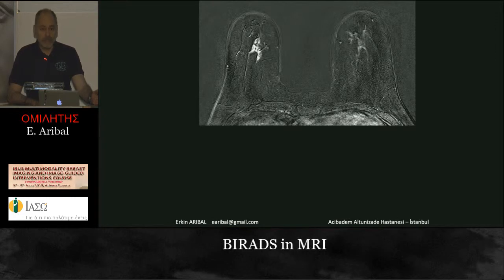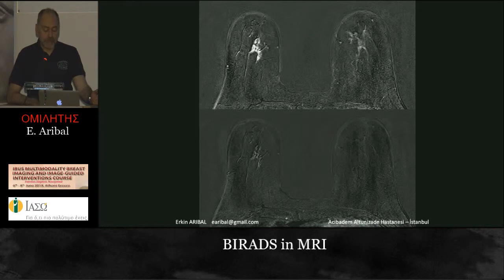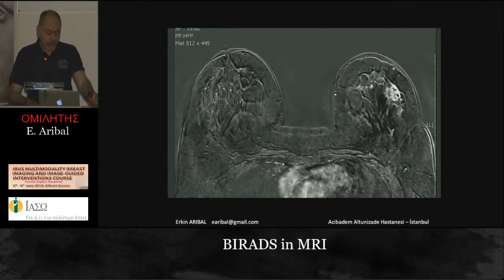But when we look at the contrast enhancement, we have different times of dynamic contrast enhanced images. So we should always keep an eye on the first pass of contrast. At the first pass, it is still a mild background enhancement, but it's asymmetrical. But you see that it has the fibroglandular shape.